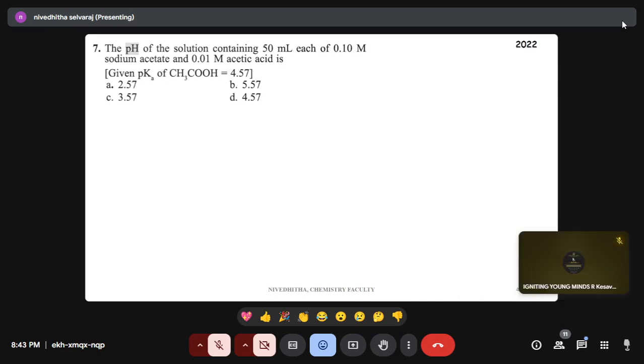The pH of the solution containing 50 ml of each of 0.1 molar sodium acetate and 0.01 molar acetic acid is. The pKa of acetic acid is given as 4.57. So obviously the question is from ionic equilibrium. We have to find from which concept this question is asked. Common ion effect, ma'am.